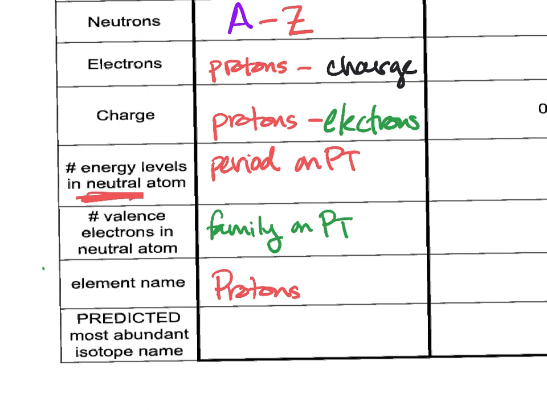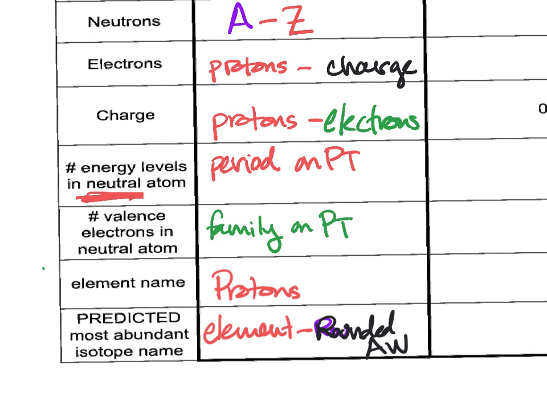So round it, okay? So this would be the element dash the rounded atomic weight. I use AW for atomic weight, just to abbreviate it a little bit.